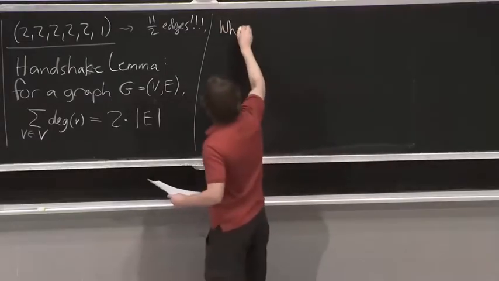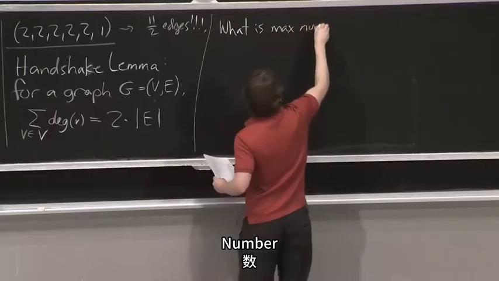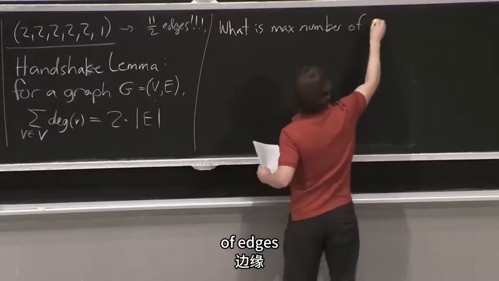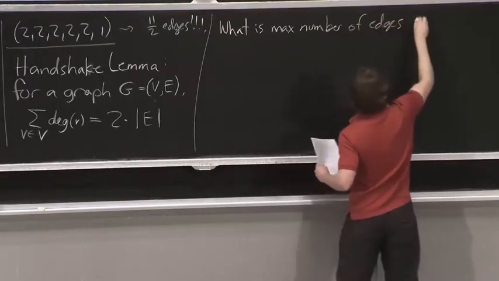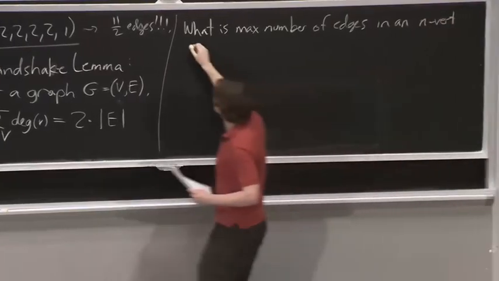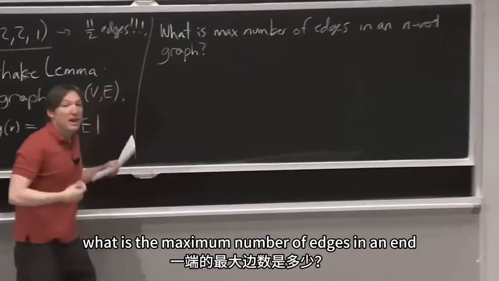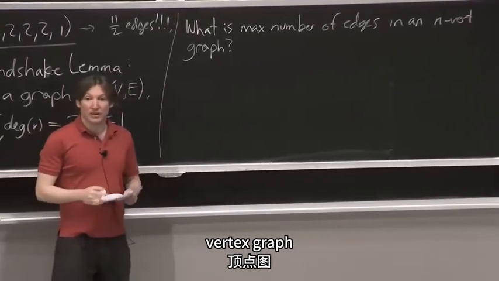Let's see. What is the maximum number of edges in an n-vertex graph?